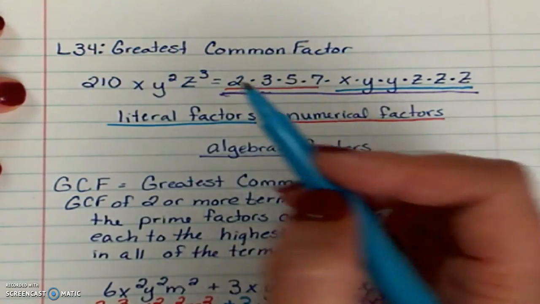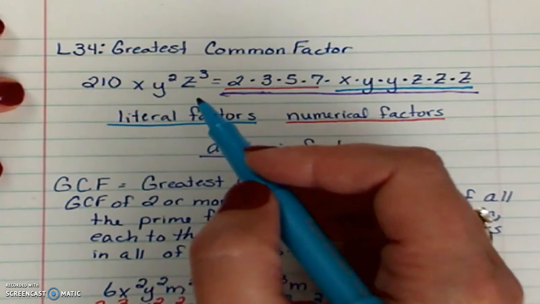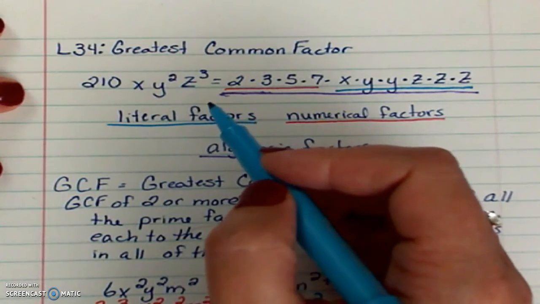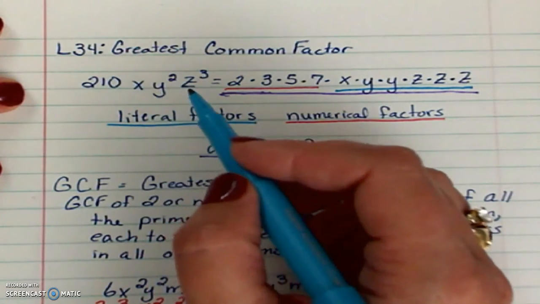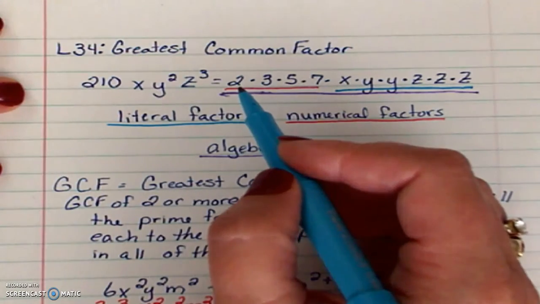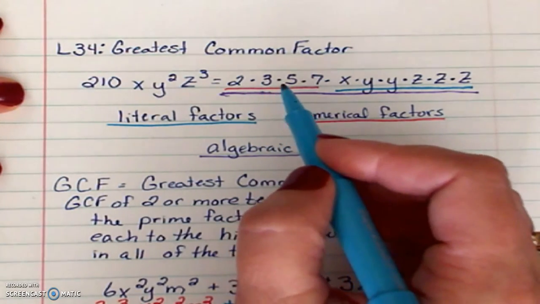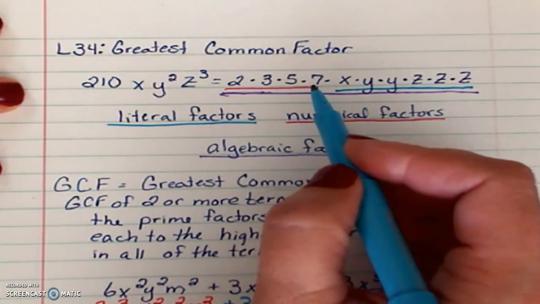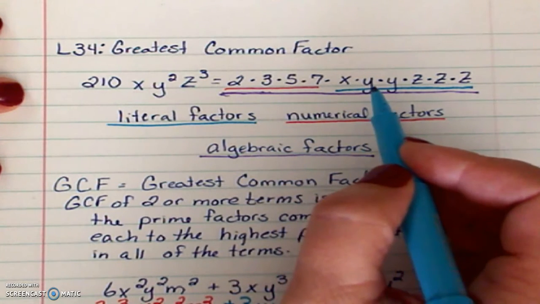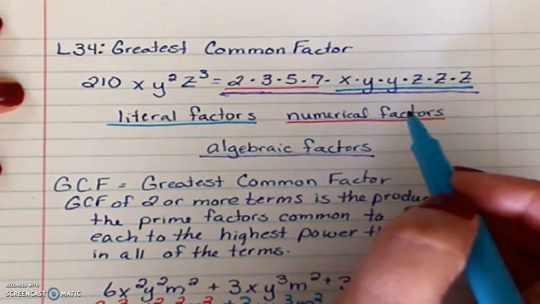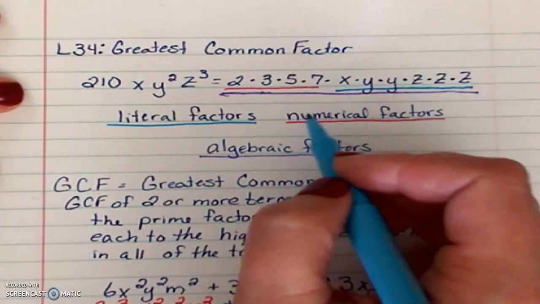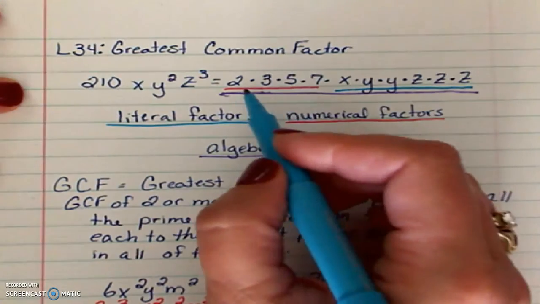A little bit about factors, just like we have talked about literal coefficients and numerical coefficients. If we look at 210xy squared z cubed, that is the same thing as 2 times 3 times 5 times 7 in prime factorization. We have x, y squared is the same thing as y times y, and z cubed is z as a factor 3 times. Out of that we have numerical factors, which are in red.